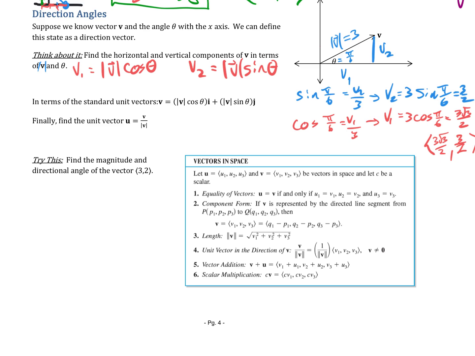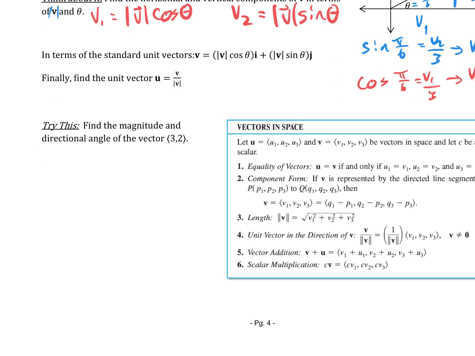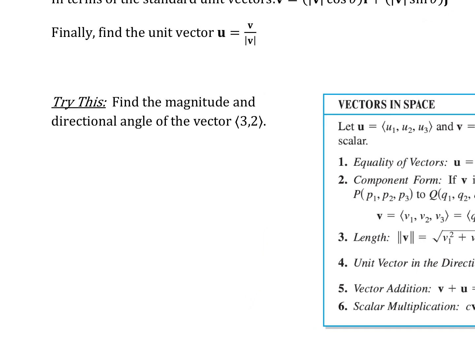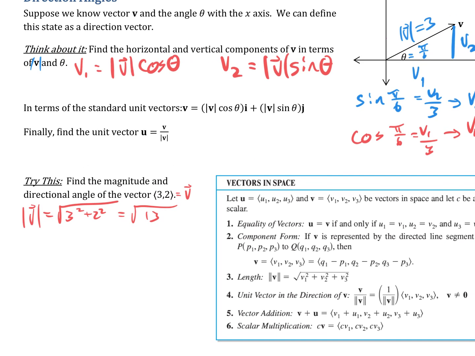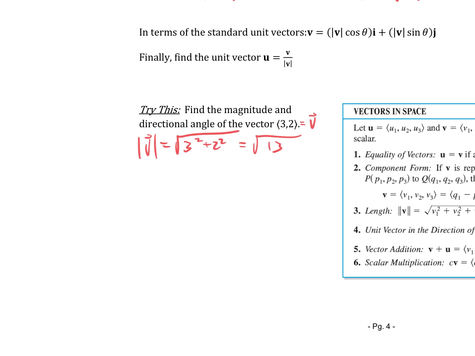All right, so let's try that out here. Let's find the magnitude and directional angle of 3, 2. Let's call this v vector. The magnitude of v is the square root of 3 squared plus 2 squared, and that's going to be the square root of 13. Now the angle, actually we haven't said that yet, how do we find that angle?